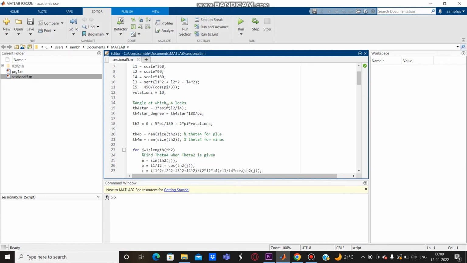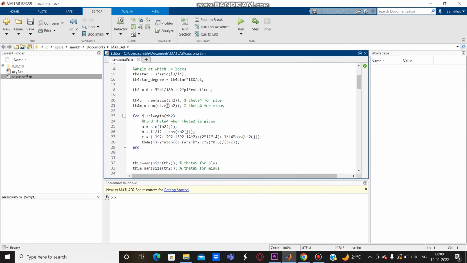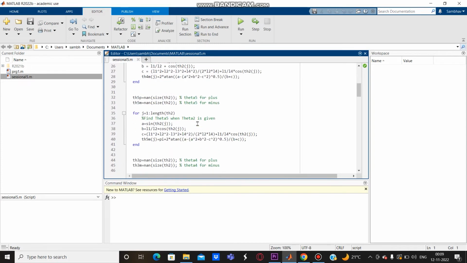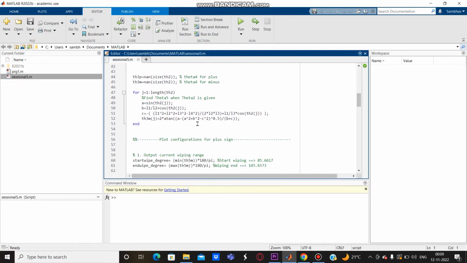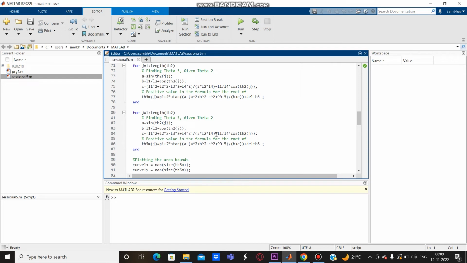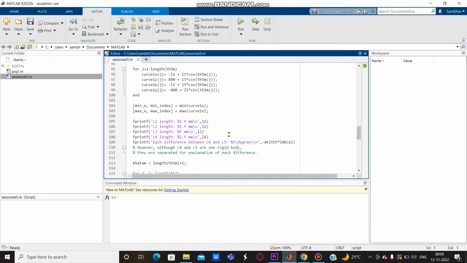In the code, initially we specify the lengths of the links as well as the positions of the links and the various constraints. The constraints are given by various angles, like the angle between the links, and the lengths of the links. For example, delta was given as 10 degrees, and those and other conditions are implemented. First we build up the parts and then we make it move.